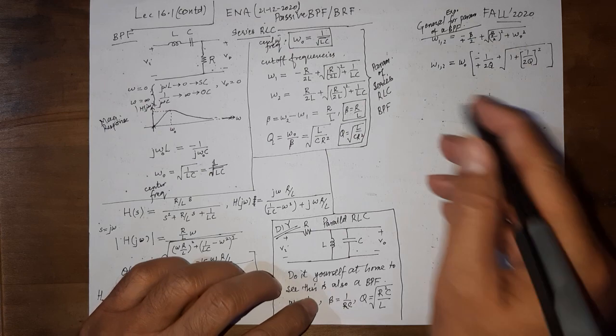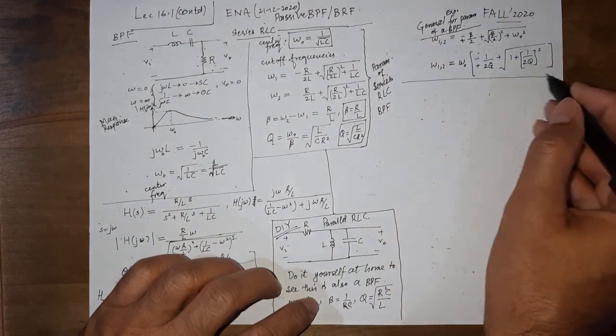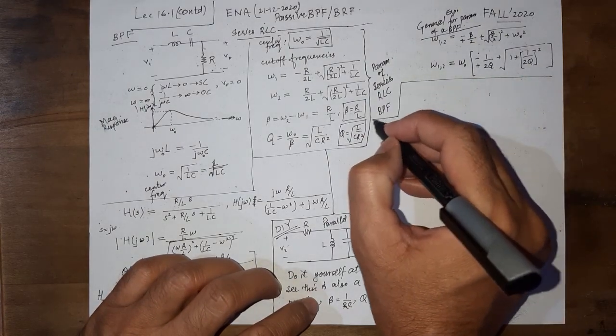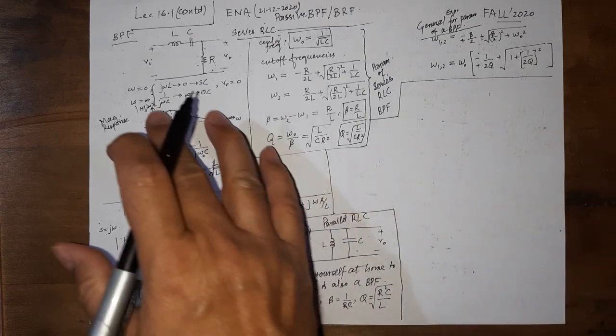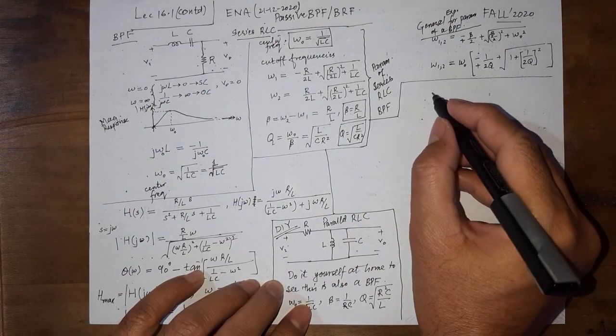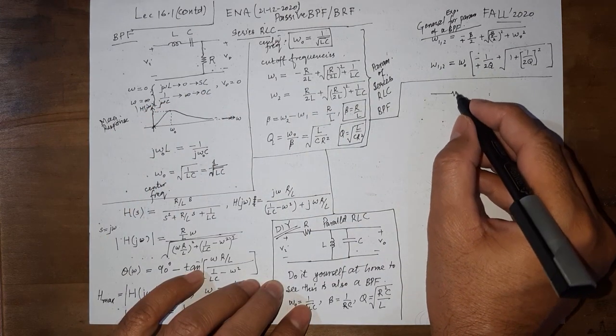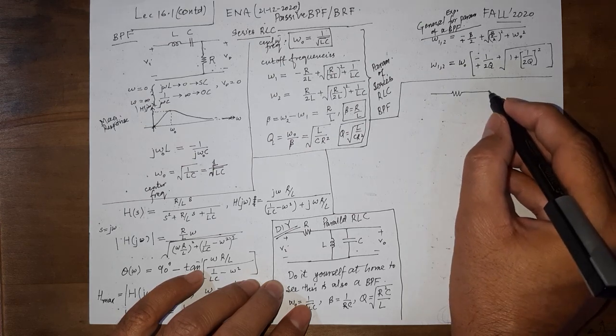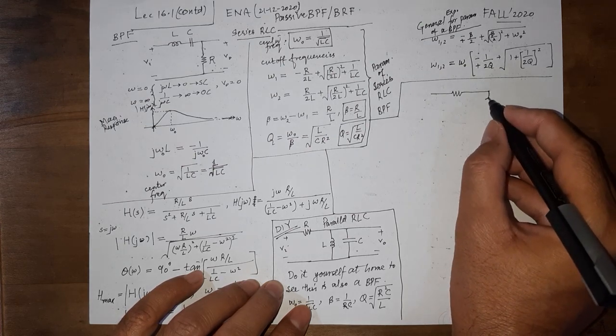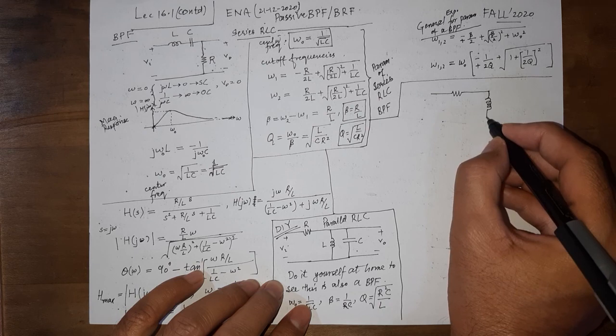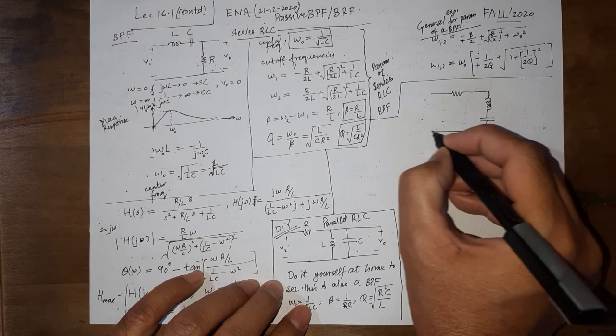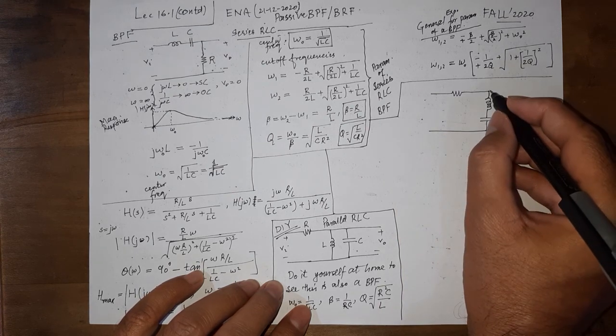Okay, before I come to that example of a design, let me tell you a very interesting thing. Now, the same circuit, if you take the output from the other two circuit elements, so we have an L and C in parallel, in series, sorry.